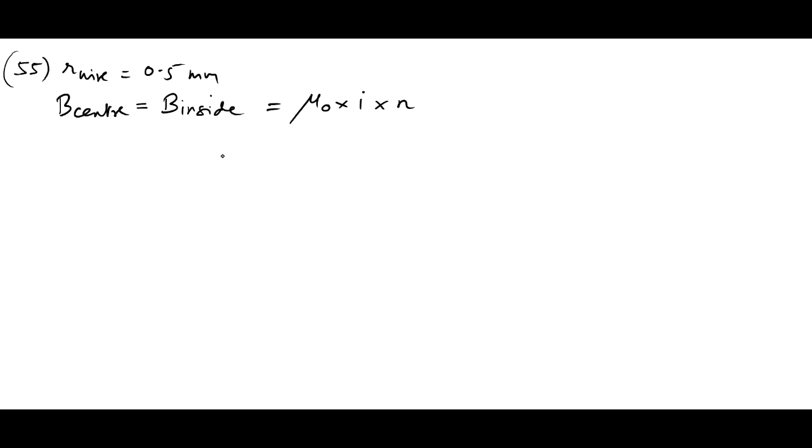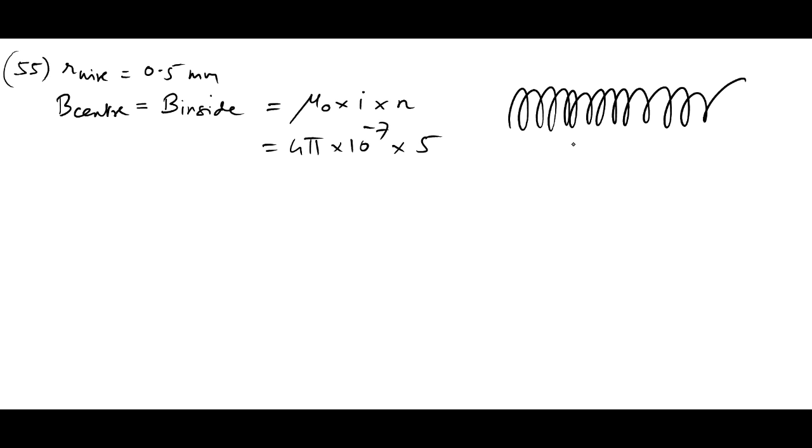Now we know the value of mu naught, it's 4 pi into 10 raised to minus 7 SI units, and the current carried by the solenoid is given to be 5 amperes, and the turn density n. Now to do that, if you have this solenoid like that, then all you have to do is consider some length L of the solenoid and find the number of turns. So these are the individual turns, there may be N turns. So N upon L is going to be the density of the turns. Just substitute that over here and we get the answer.